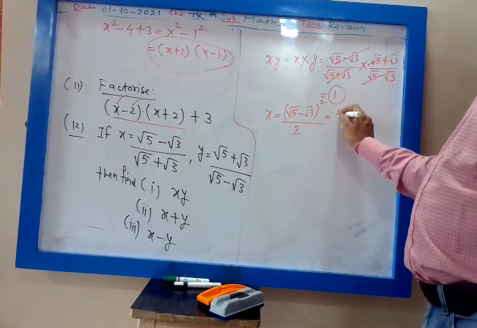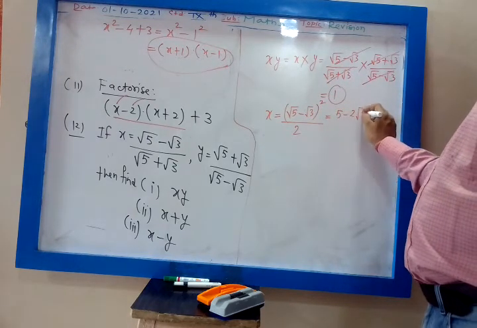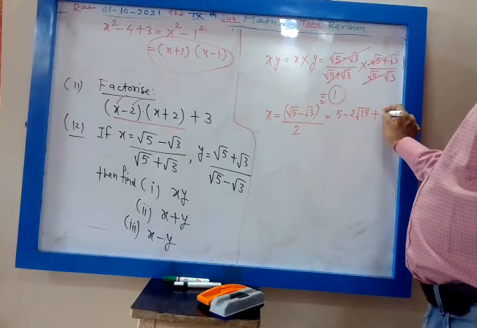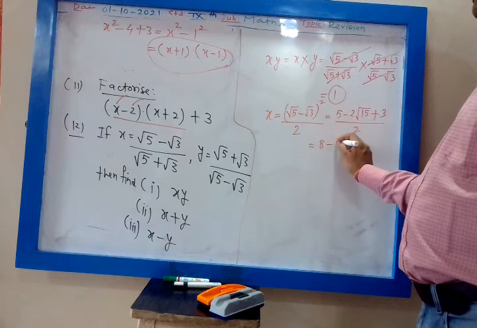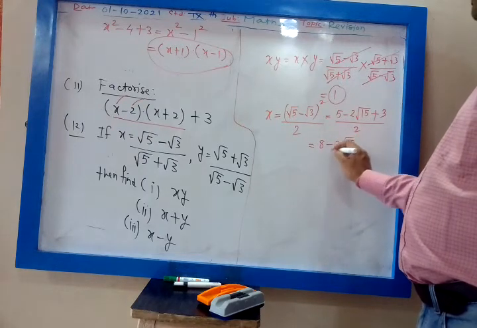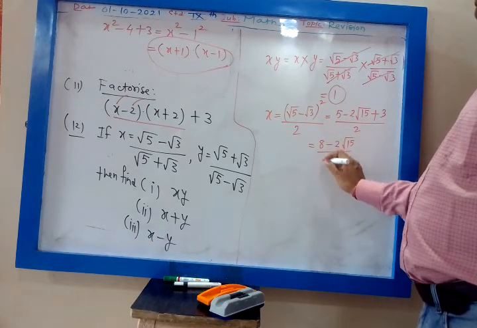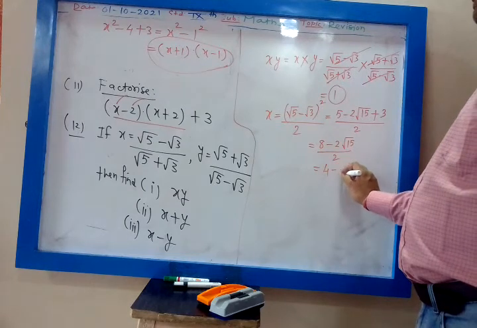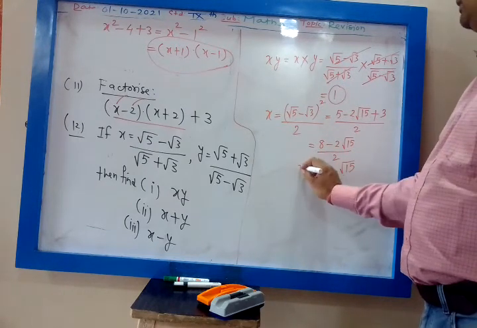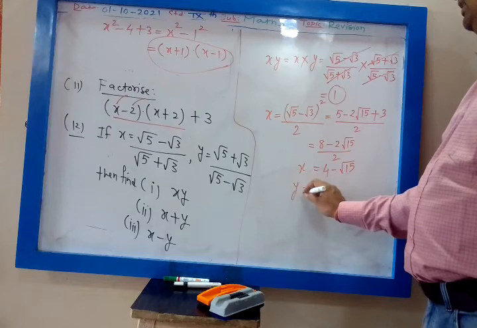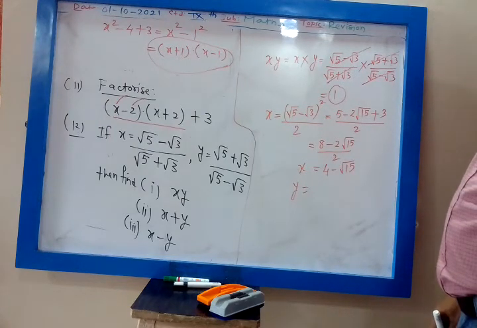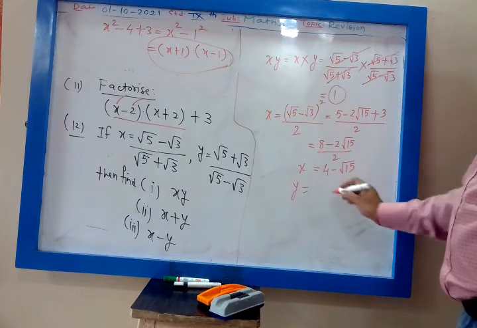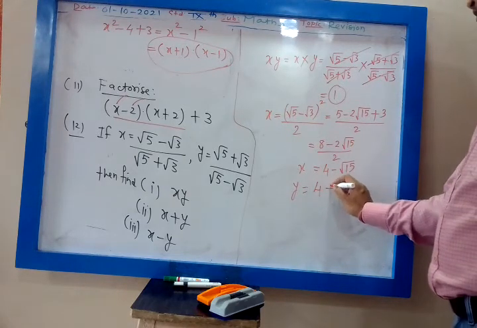So that will be 5 minus 2 root 15 plus 3 upon 2. 5 plus 3, 8. 8 minus 2 root 15 upon 2. 2 4s are 8. 4 minus root 15 is x. Similarly, you can get y. y will be 4 plus root 15.